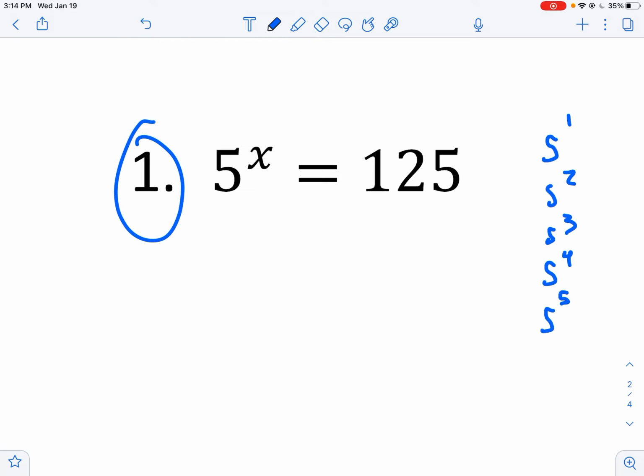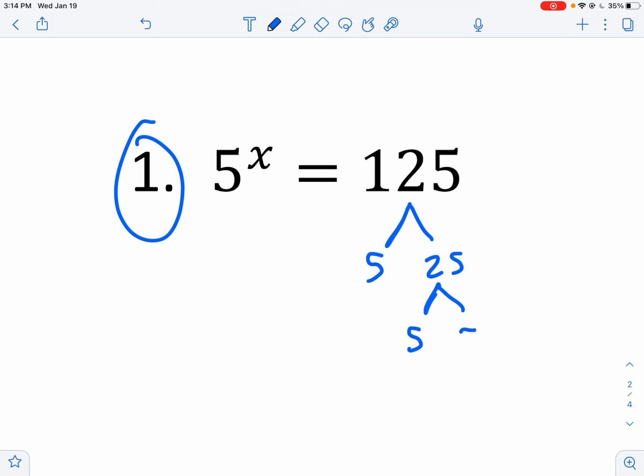Or if you're not into guessing and checking, which will definitely work, you can just take 125 and divide by 5 and write down what you get. If you do 125 divided by 5, you get 25. And if you take that and you divide it by 5, you end up with 5. So this is called a factoring tree. You might have done it before.